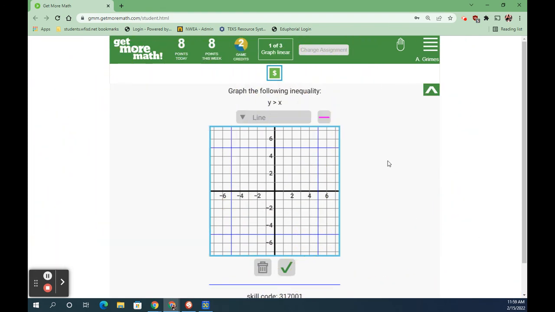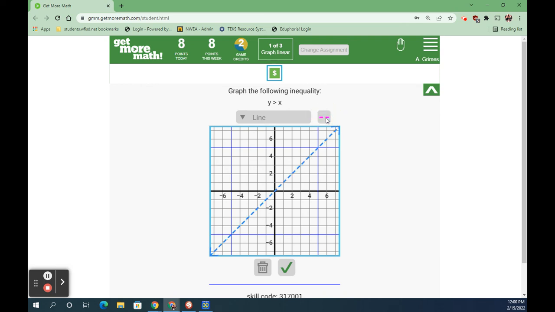Here we go. What is the y-intercept here, Karina? 0, 0. Here's the big question. What's the slope? Does anybody know? 1. So you just go up 1, right 1. Now, is it going to be solid or dashed?